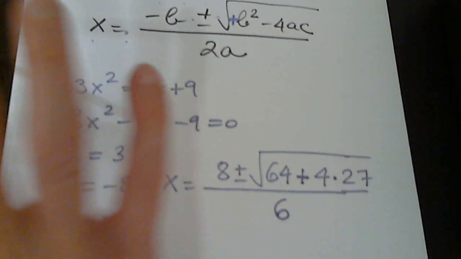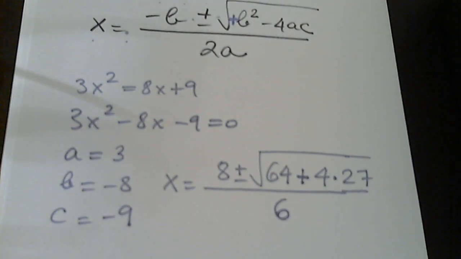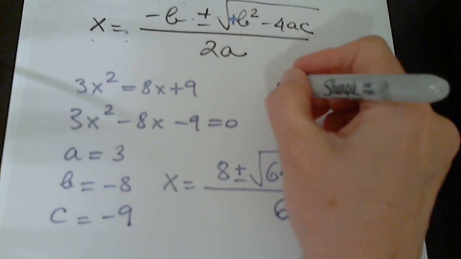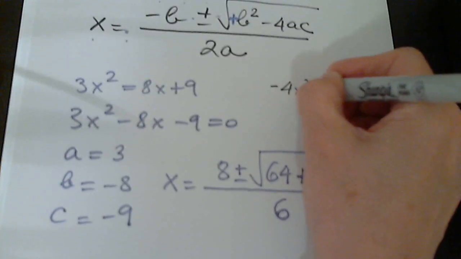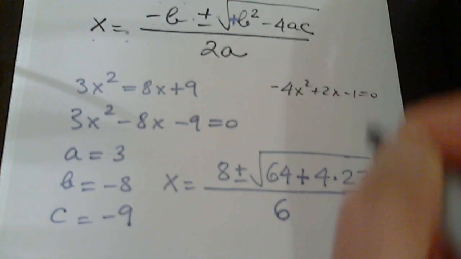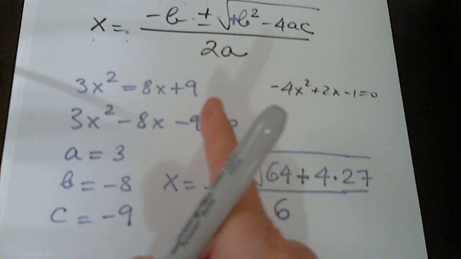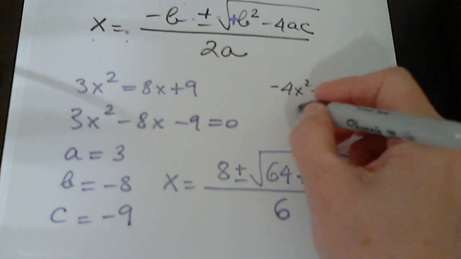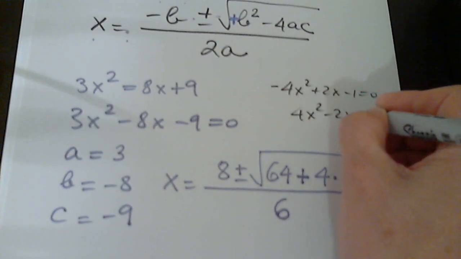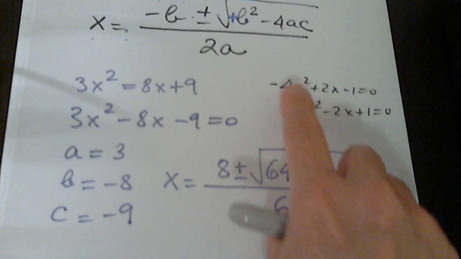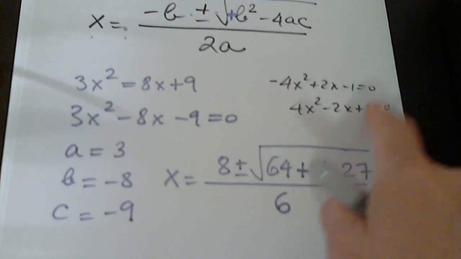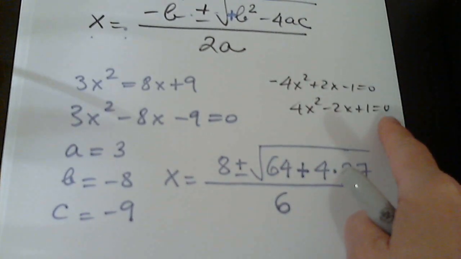So if I had this situation, let's say I have -4x squared plus 2x minus 1 equals 0. First, I multiply everything by -1, and I get this. This by -1, this by -1, this by -1, this by -1.